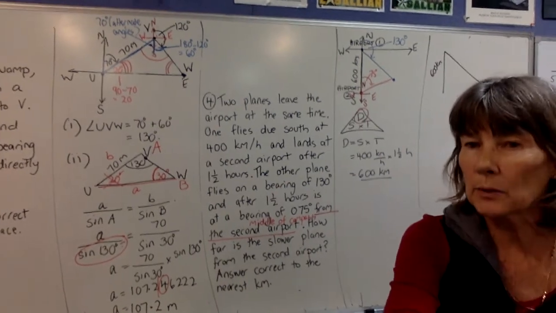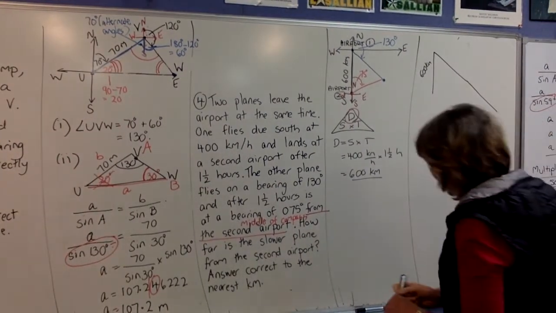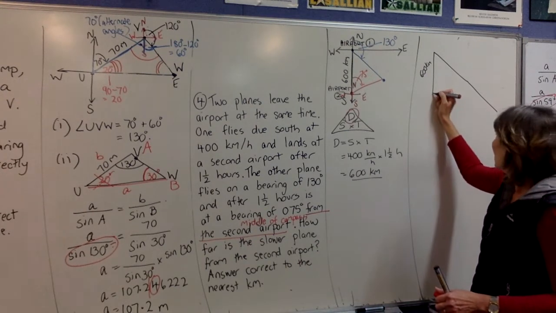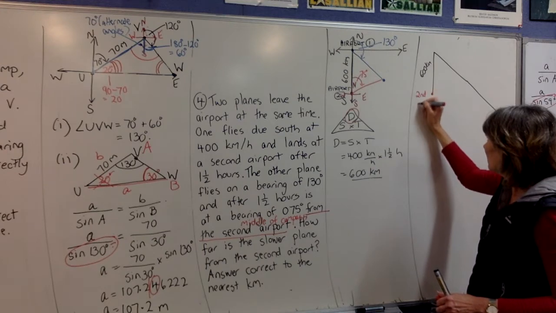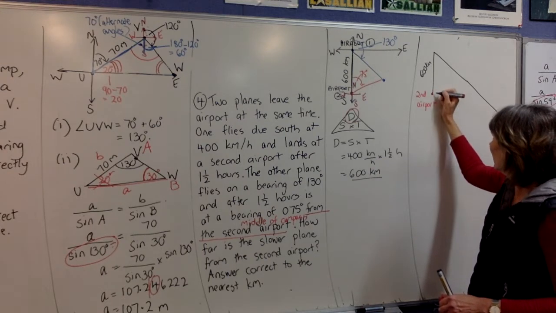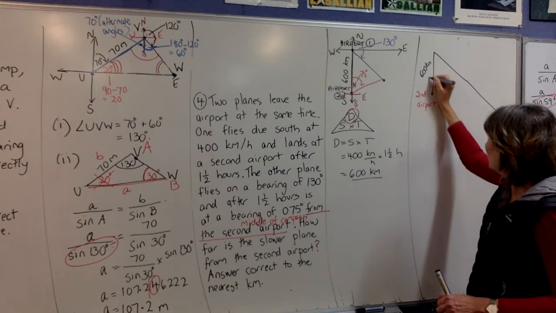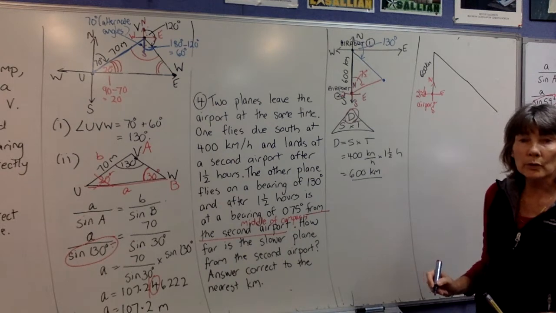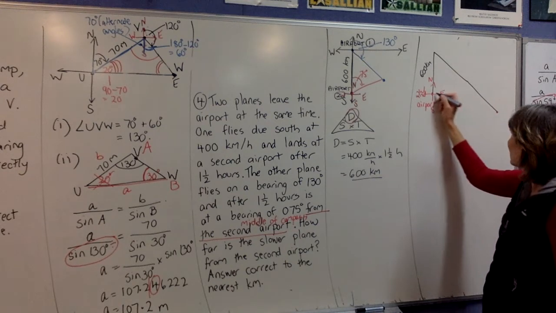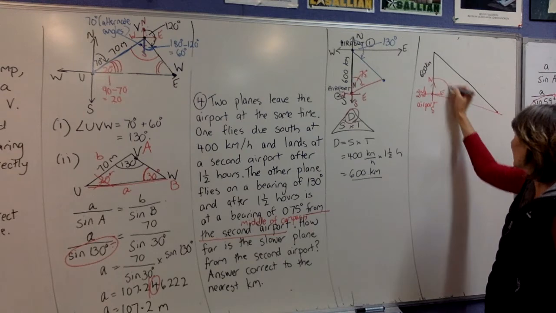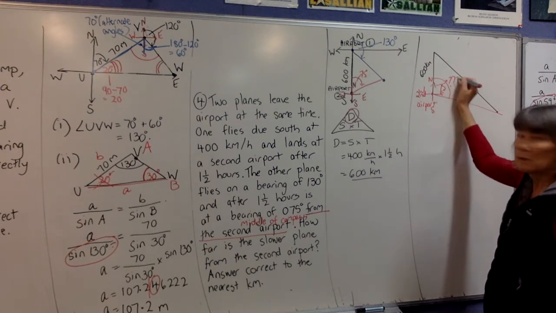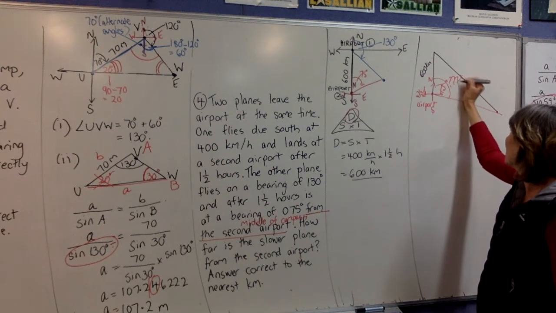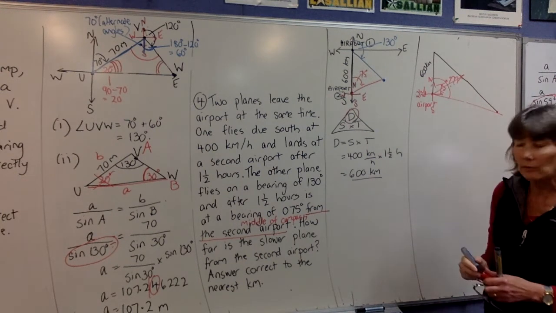Now at that point, that's when you're going to realise you're wrong, because once you start doing your bearing here, you go, okay, my second plane is here, and this is the second airport, and I go, okay, we're going from north, let's draw up this compass, through 75 degrees to get to here. That doesn't look right, does it? That is definitely not 75 degrees. So you've drawn your line too long. The plane didn't go that far. The second plane must have been more like here, and that looks like 75 degrees.